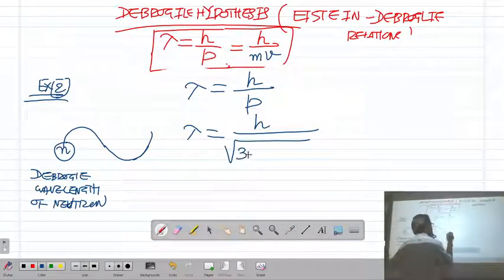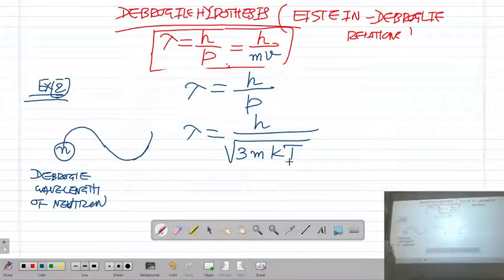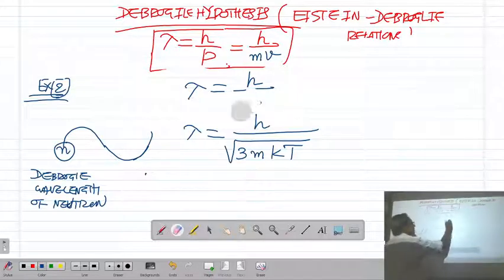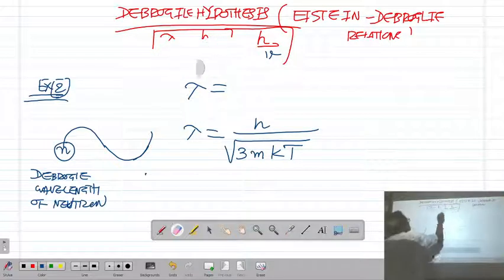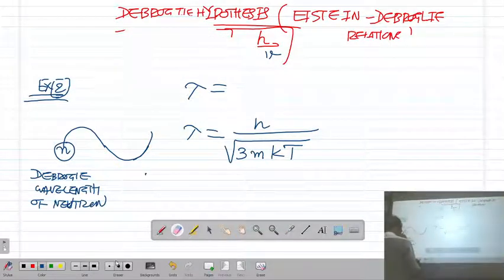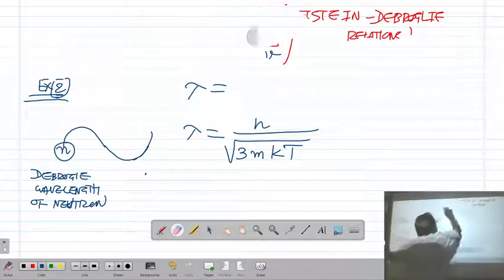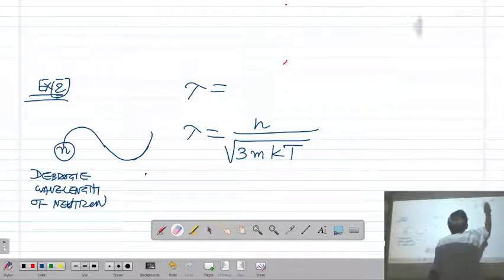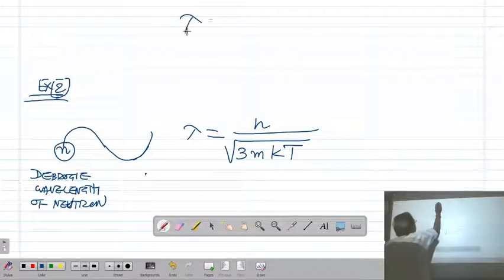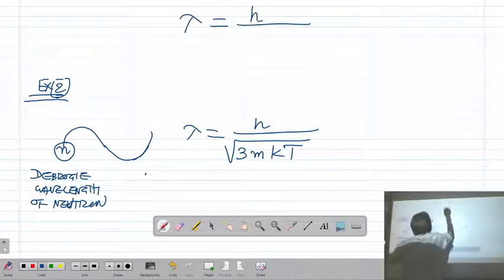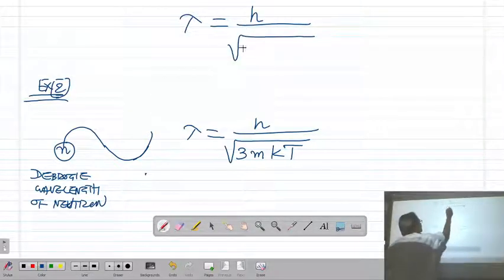Substitute the values, we will get the answer.